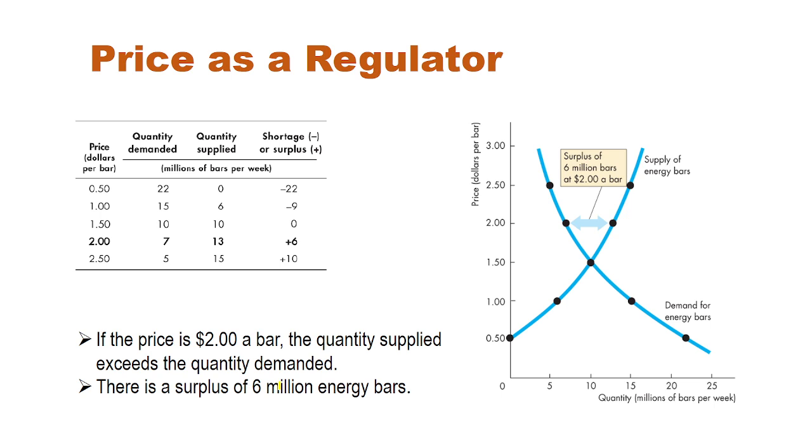If the price increases from $1.50 to $2, the quantity supplied will exceed the quantity demanded here, and there is a surplus of 6 million energy bars. So a surplus of quantity supplied takes place because we experienced an increase in price from $1.50 to $2.